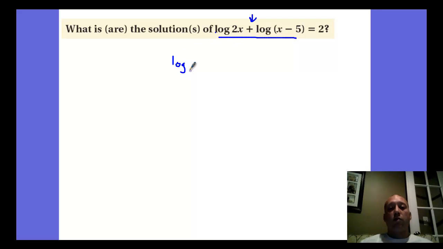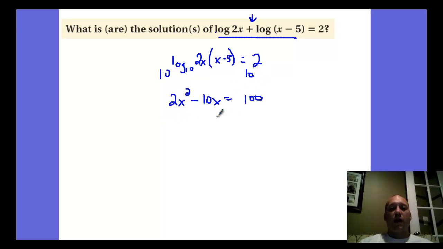We're going to get log base 10 of 2x times x minus 5 equals 2. So that's condensing. Then I'm going to have both sides have base 10, because that's going to be the inverse of having log base 10 there. So then I get 2x times x minus 5, which I would multiply through to get 2x squared minus 10x equals 10 squared, which is 100.